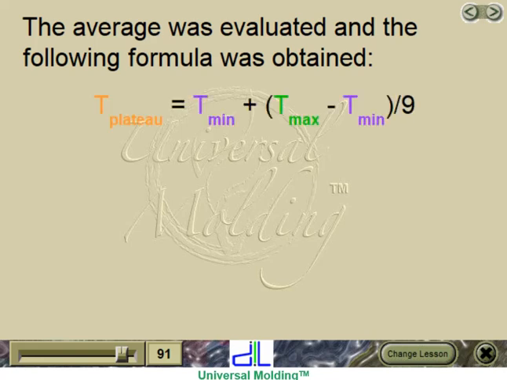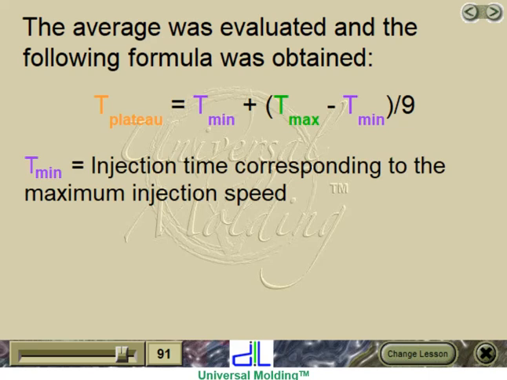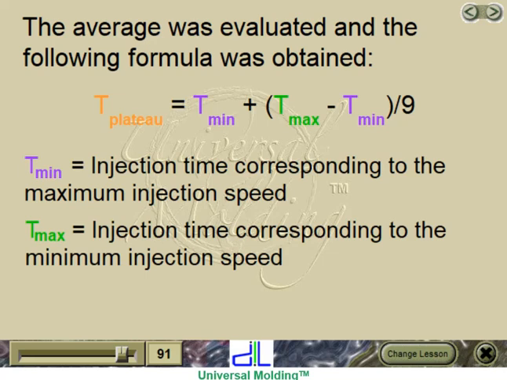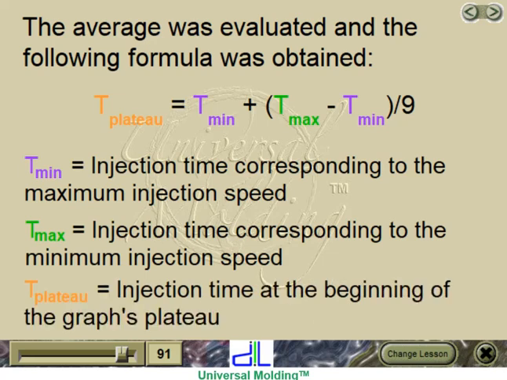The average was evaluated and the following formula was obtained. T plateau equals T minimum plus T maximum minus T minimum divided by 9, where T minimum equals the injection time corresponding to the maximum injection speed. T max equals the injection time corresponding to the minimum injection speed. And T plateau equals the injection time at the beginning of the graph's plateau.